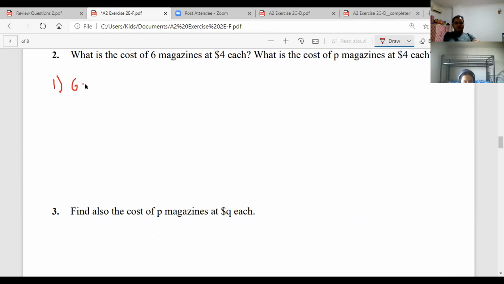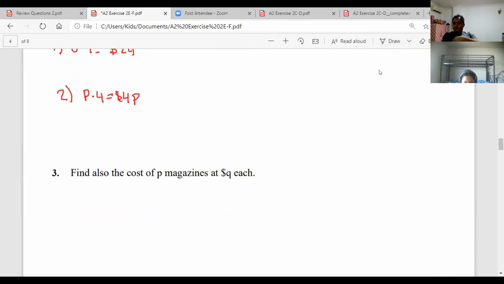It's 6 times $4 equals $24. Okay. Step 2: what is the cost of P magazines at $4 each? P times 4 equals 4P, right? Okay, good. Let's save that.